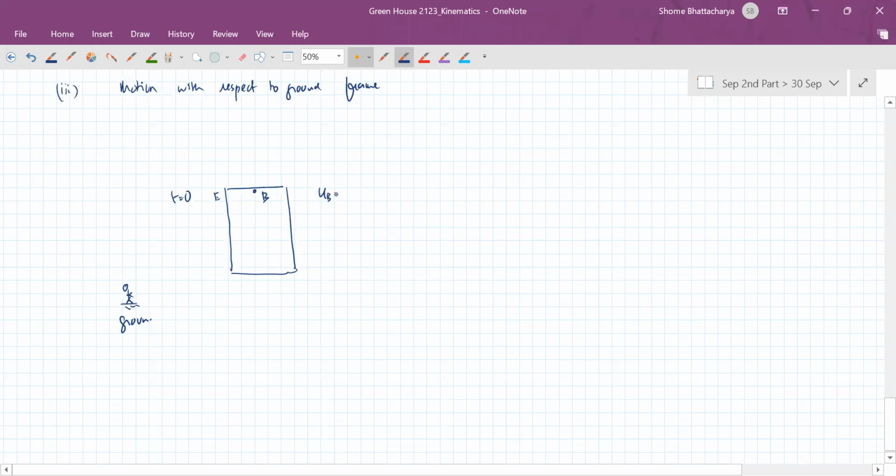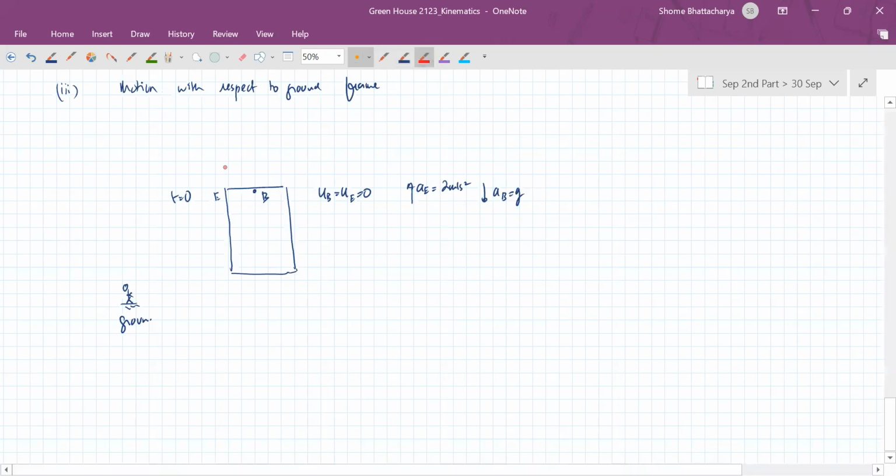Both of them have an initial velocity of 0. But the elevator has an acceleration, and the bolt has an acceleration of g downwards.